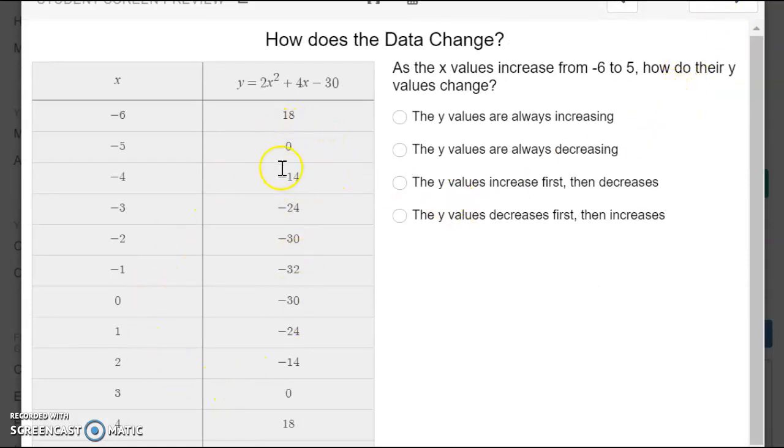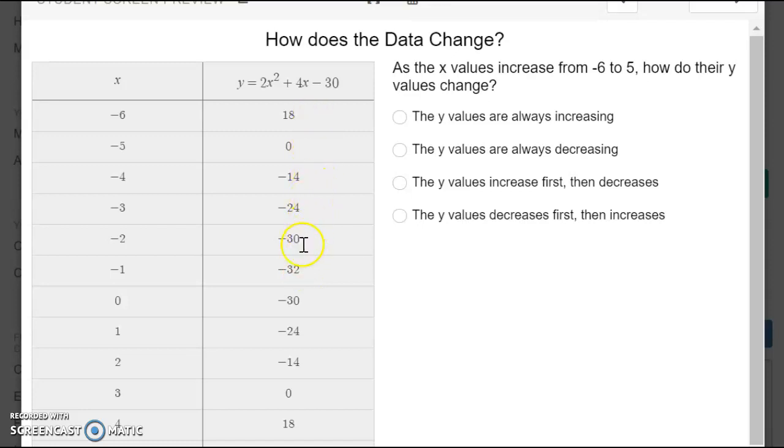Okay, so the table has been filled here for you. Now looking at the x values increase from -6 all the way to 5, how do the y values change? Y values start from 18, become 0, -14, -24, -30, and then -32.